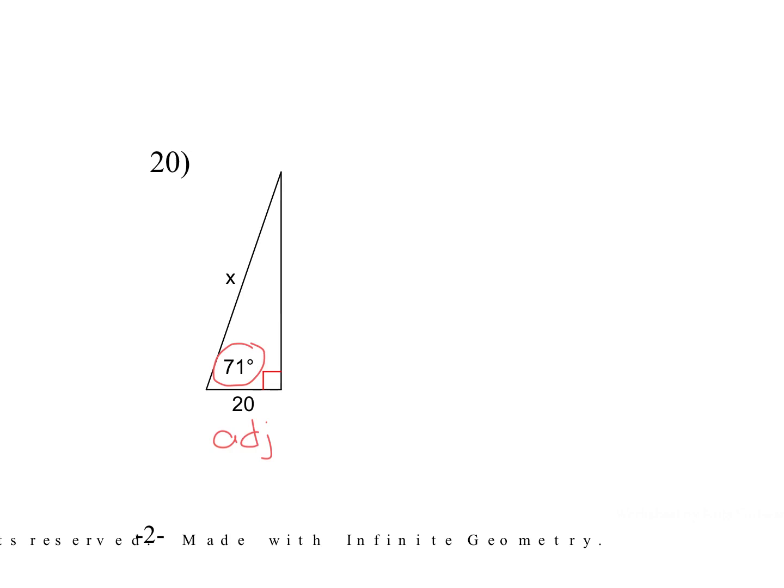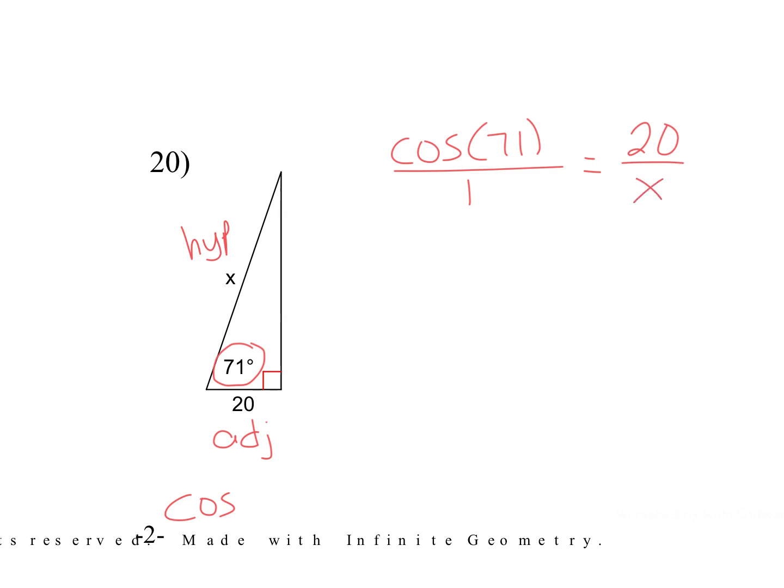What's x? Hypotenuse. What do you do next? Pick one. Which one is adjacent and hypotenuse? Cosine. What do I write first in the equation? Cosine of 71 over 1. Good. Equals. What does cosine equal? Adjacent over hypotenuse, which is 20 over x.